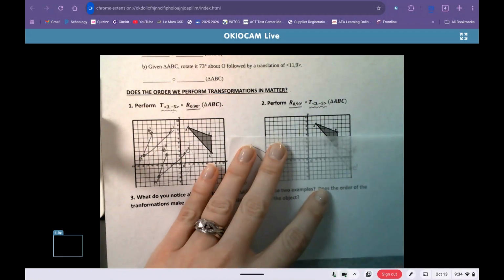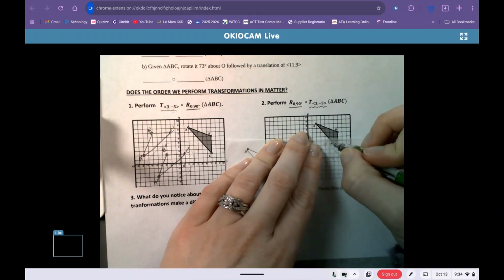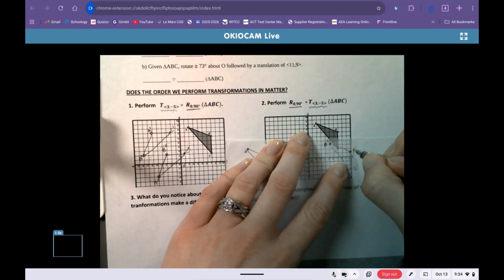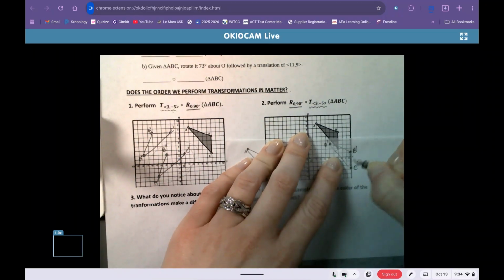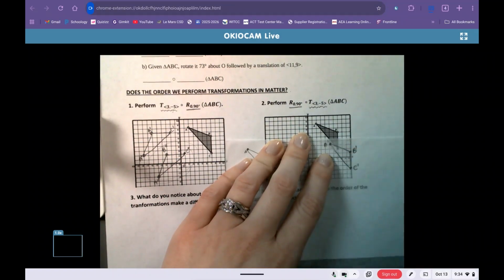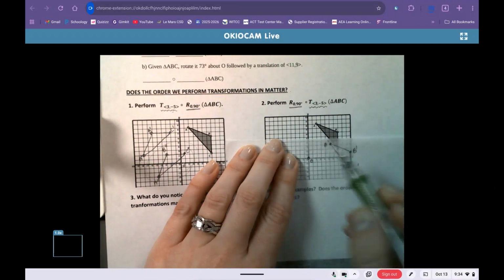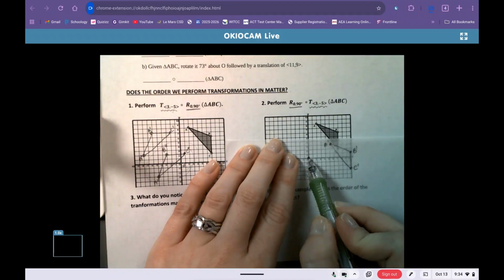Okay, so I'm going to retrace. This time I'm going to trace that shape I just had, A prime, B prime, and C prime. And we're still going around the origin, and we're still doing 90 degrees.